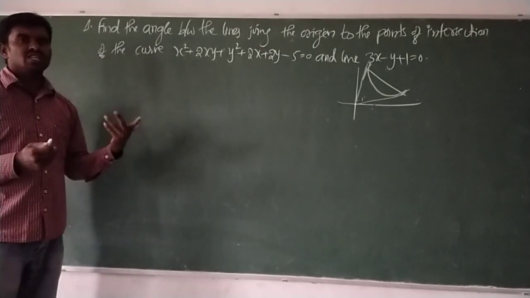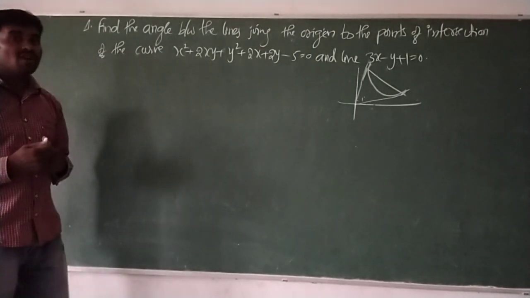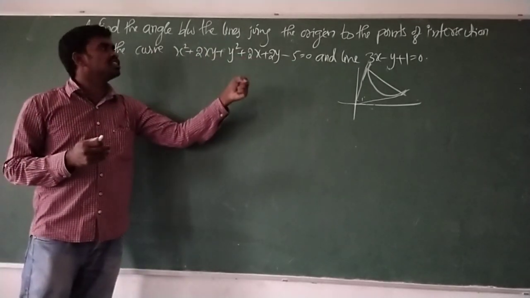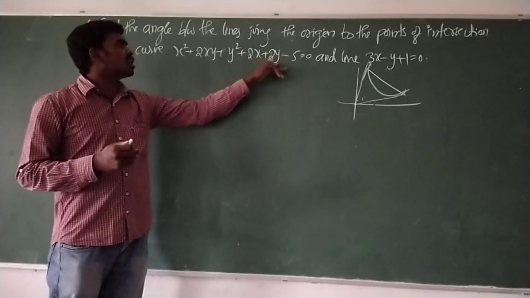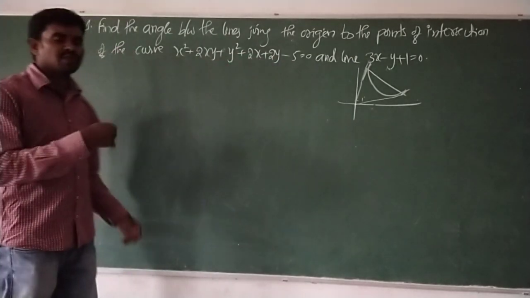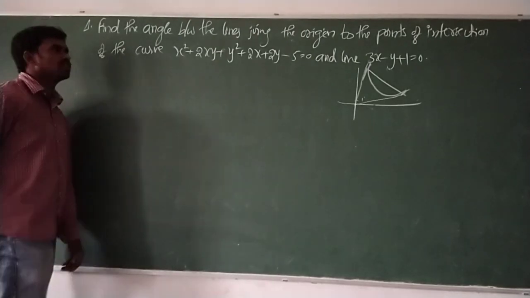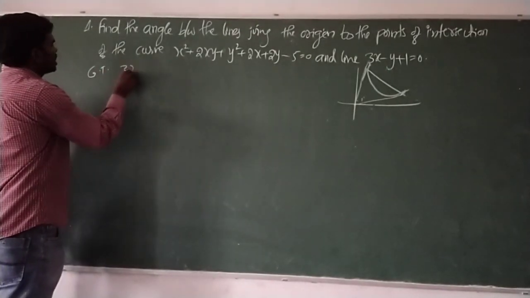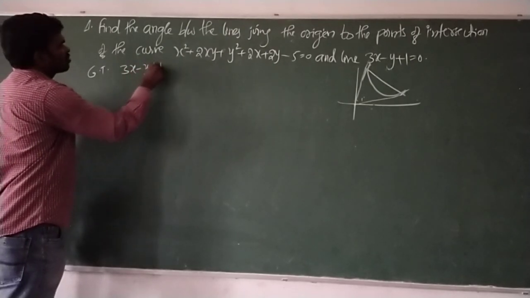So what is a, what is b, what is h? But that formula is used only for a pair of straight lines passing through the origin. Here it is not passing through the origin, so we must convert it into the form ax square plus 2hxy plus by square. Then how? See, first take the straight line equation, that is 3x minus y plus 1 equal to 0.